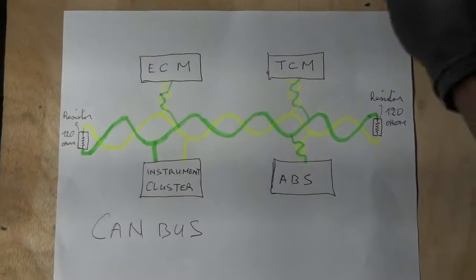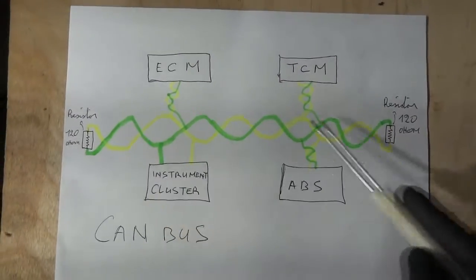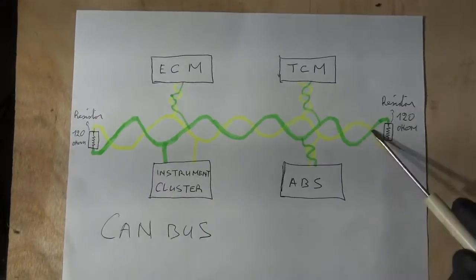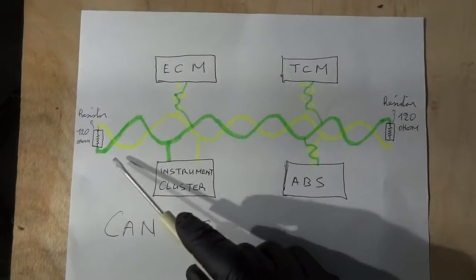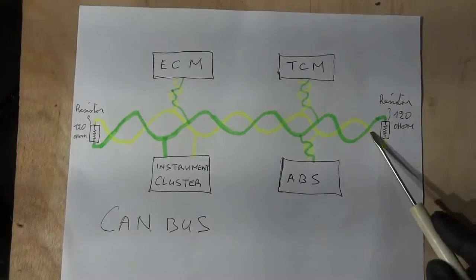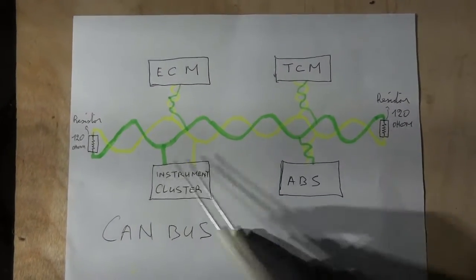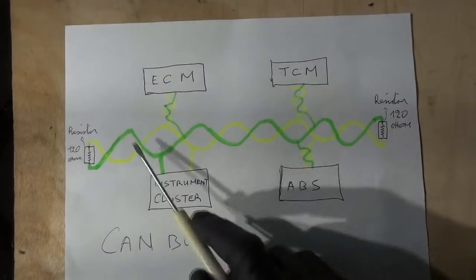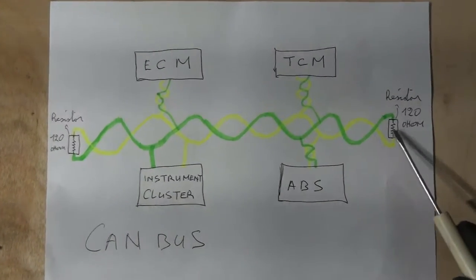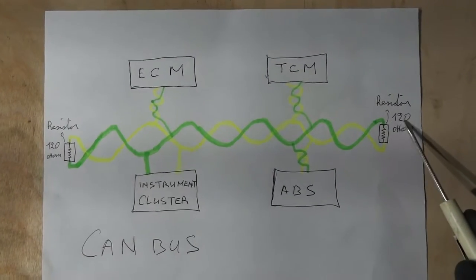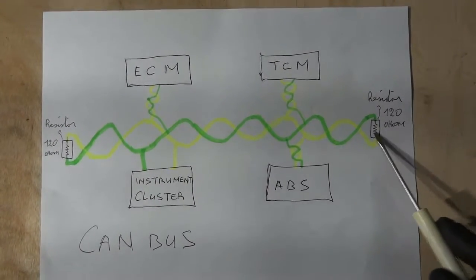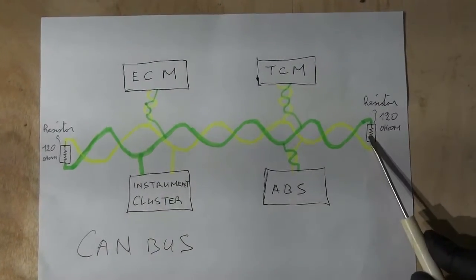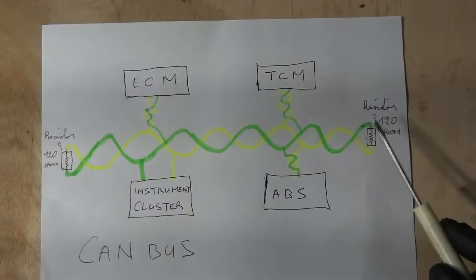All right, so this is why we have these two resistors on each end of the network, and these resistors are installed in parallel. When you have two resistors in parallel, if you want to know the resistance of the system, you divide the resistance of one resistor by the number of resistors on the circuit.